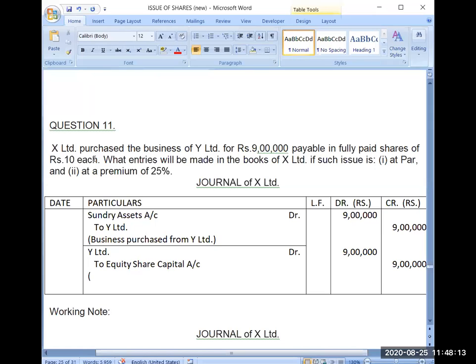Because the face value is rupees 10 and we are issuing shares at rupees 10 only. At par means rupees 10, so equal to face value. So 9 lakh divided by 10 will be 90,000 equity shares issued to Y Limited.